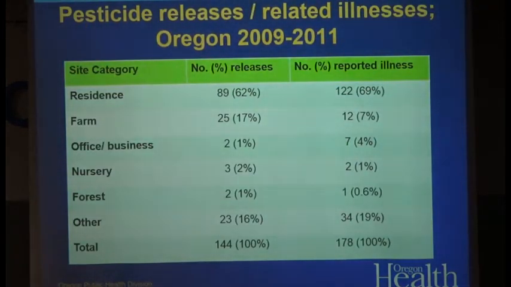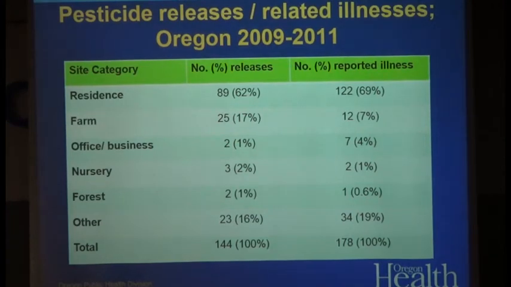So here's a little information regarding what we know about pesticide releases and related illnesses from our acute pesticide illness and injury data. The vast majority, 60 to 70%, occur in or around the home. Most of these are accidental self-exposures or bystander exposures involving residents, neighbors, and applicators.